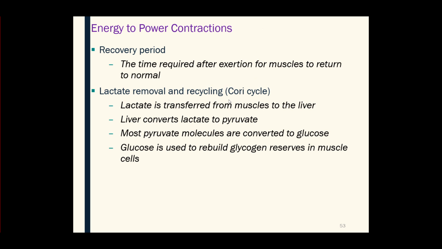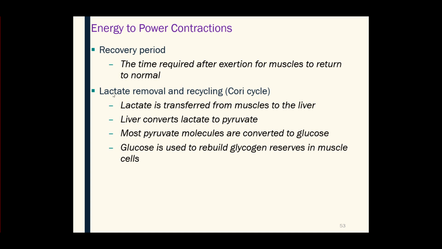Okay, so after we exercise, there is a period of time known as the recovery period. Very simply, this is the time required after the exertion, right after your exercise, for the muscles to return back to normal, right? Get rid of the lactic acid, build up glycogen again, build up our creatine phosphate, just to kind of get back to normal.